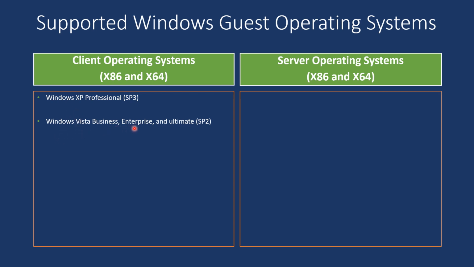Windows Vista Business, Enterprise, Ultimate with Service Pack 2. Windows 7 Professional, Enterprise, Ultimate with Service Pack 2. Of course, you have Windows 8, 8.1, and Windows 10. What I mean is, you can install any one of these operating systems in your virtual machines, and in that case, this will be the guest operating system. So you have a variety of operating systems, and all of these are client operating systems.